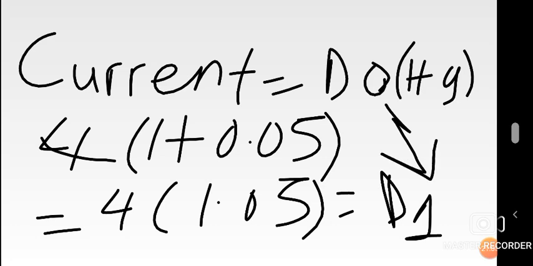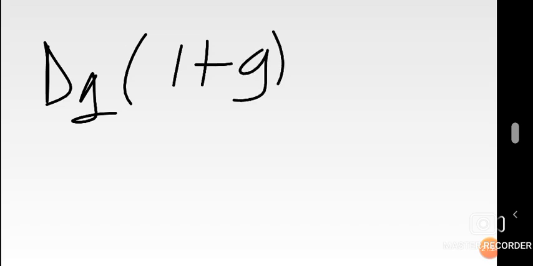Take note of that. Once you get your D1, you put D1 in that column. Then go to year 2: D1 will also be multiplied by 1 plus G in that column to make D2. Just like that.